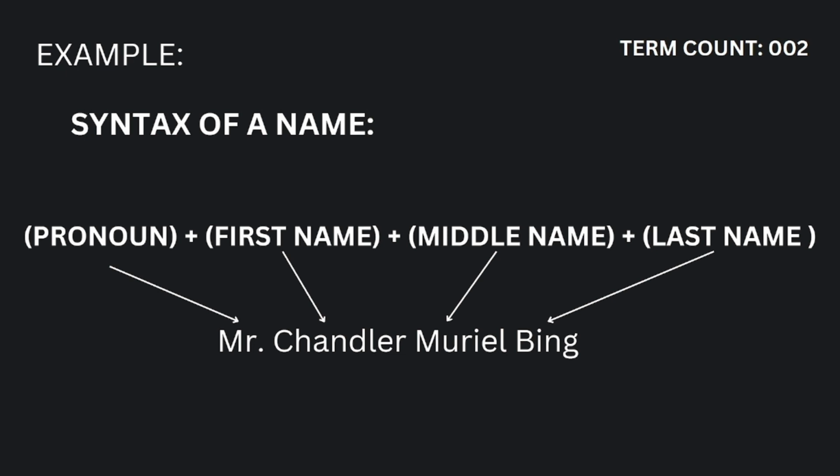So a person's name is, say, Mr. Chandler Muriel Bing. Now, we can't mess up this syntax. We can't jumble it. We can't put the last name first, the middle name first, the pronoun at the end. Like, we can't say Muriel Mr. Bing Chandler. Doesn't make any sense. For someone to understand it, we need to put it together in a correct syntax.